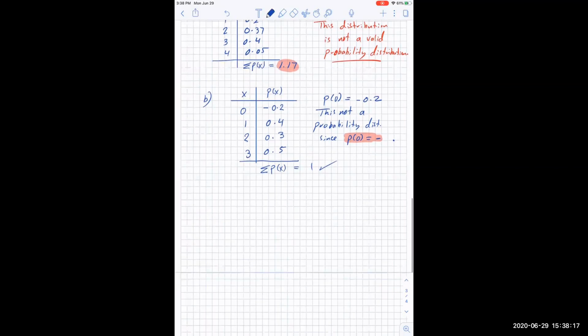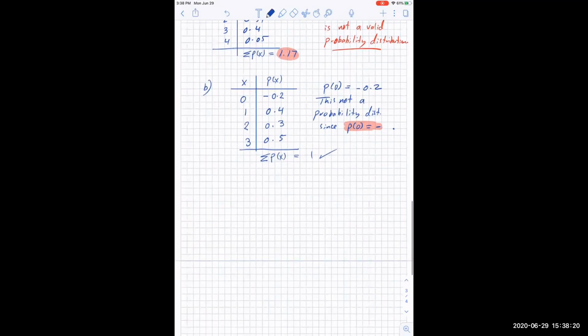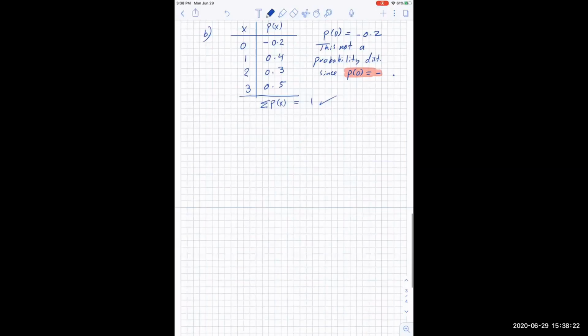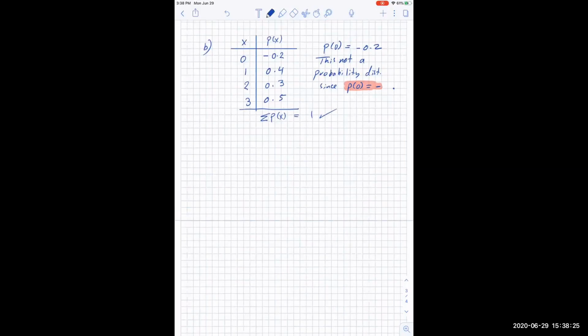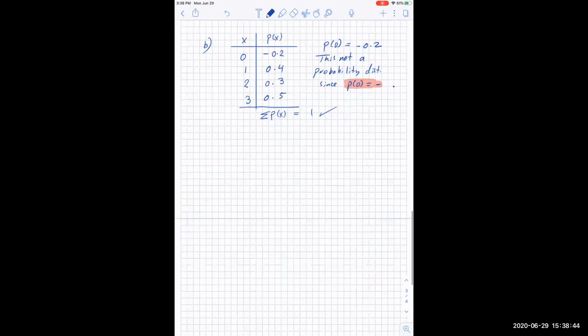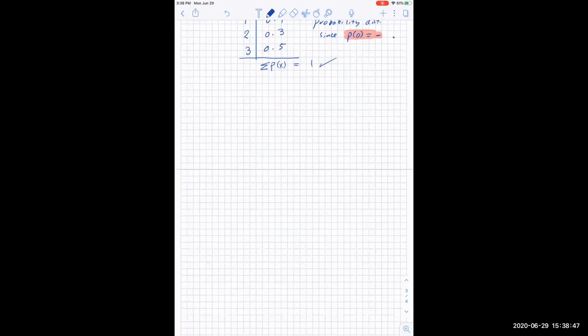Before I go into the next objective, yeah, no, I will go over the next objective first. Once we establish that we have a valid probability distribution, then we are required to do the following calculations.